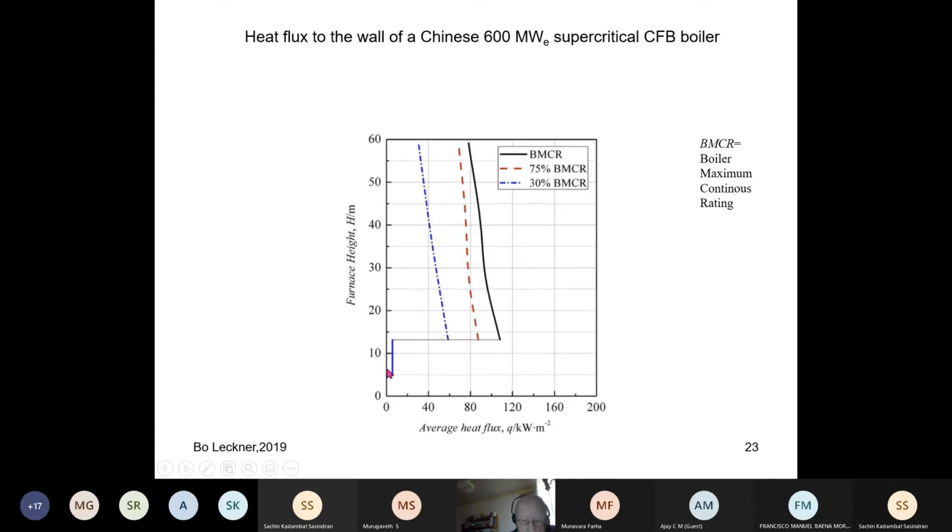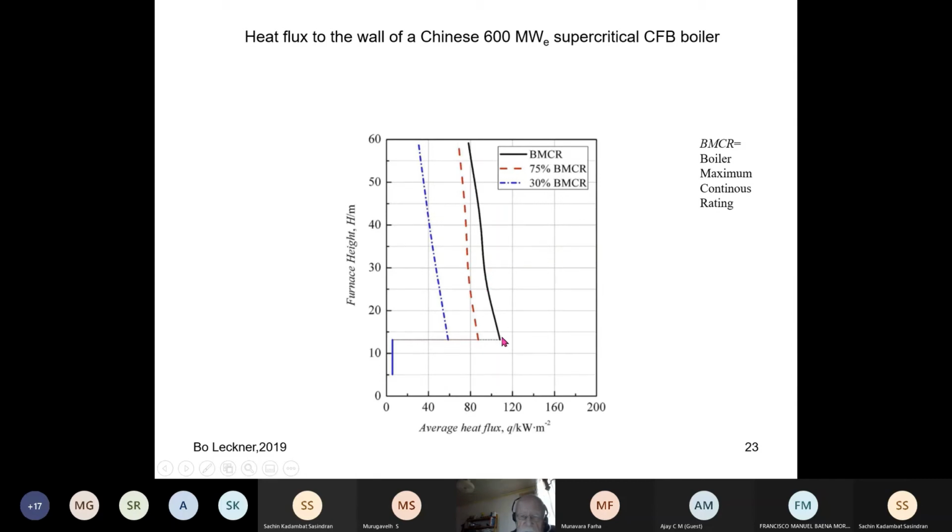Here there's no heat flux because this part is refractory lined, so there is very small heat flux through the refractory layer, and it only starts here, and there is a slight decline. This is 100% load, and then this is lower load.